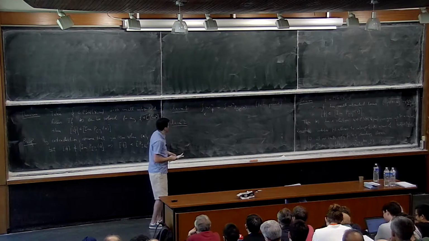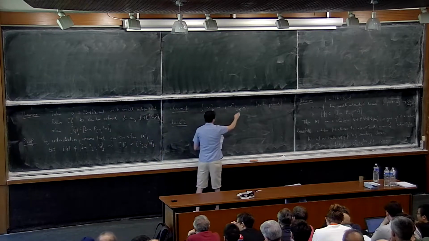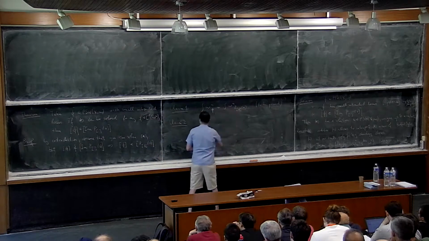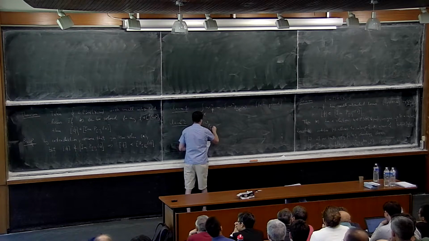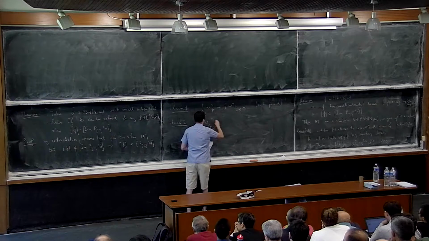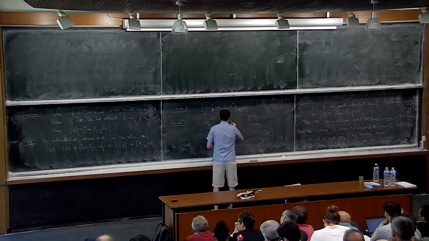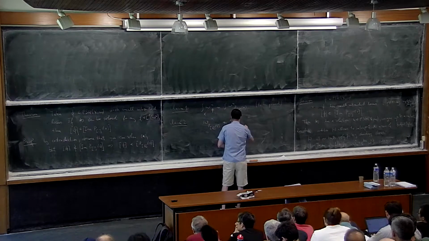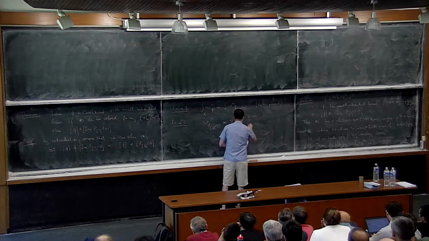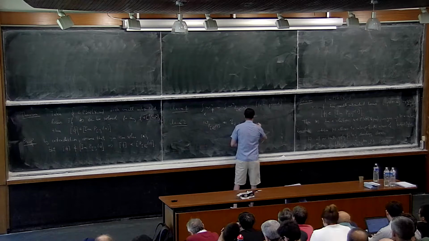The second claim is about what this measure looks like. So it turns out that you have the following estimate for this measure. So this measure can be estimated with the following one.